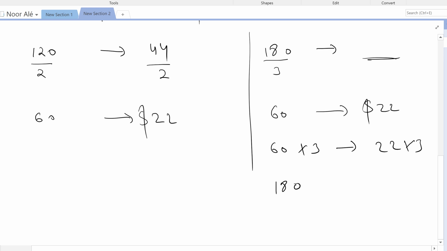So we get 180, because 60 is the same as 180 over 3. From that relation we got 22 times 3 is 66. So for 180 objects the price is going to be 66. So we use that information in that question.